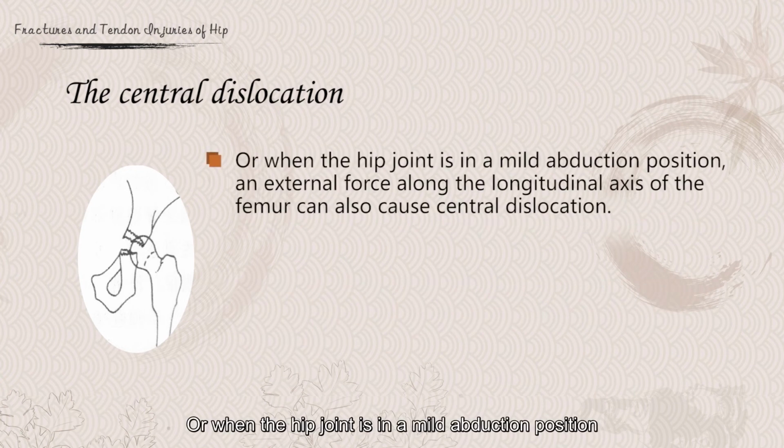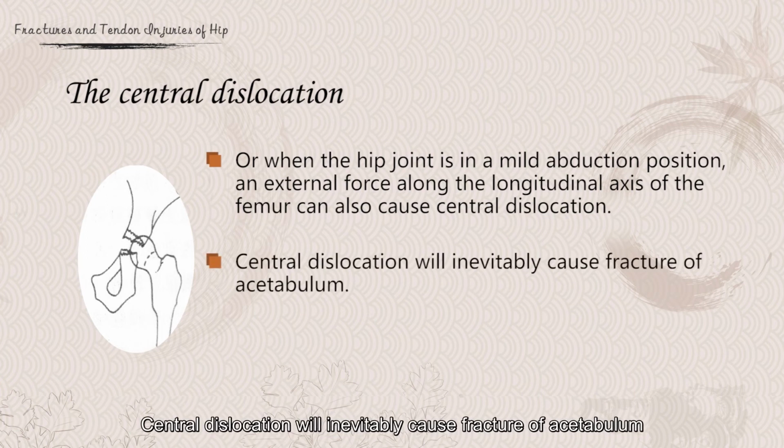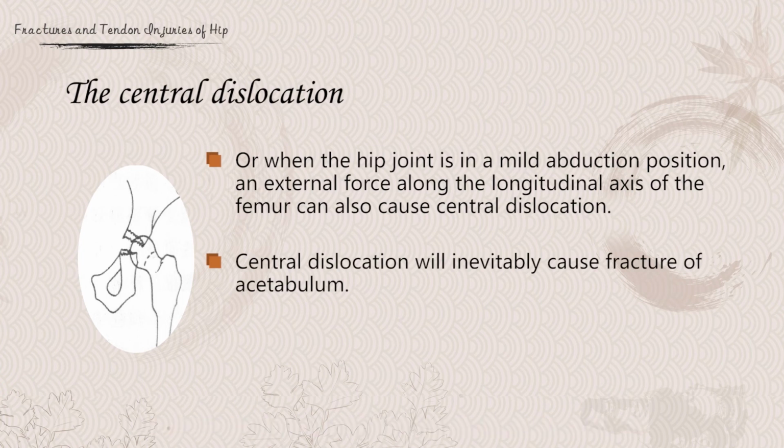Or when the hip joint is in a mild abduction position, an external force along the longitudinal axis of the femur can also cause central dislocation. Central dislocation inevitably causes fracture of the acetabulum.